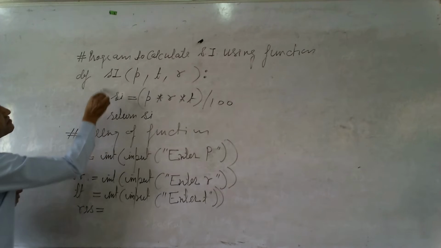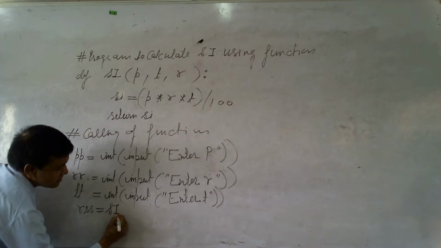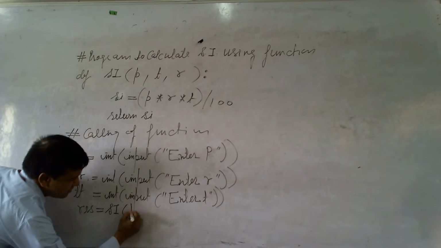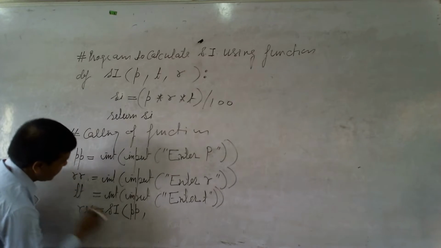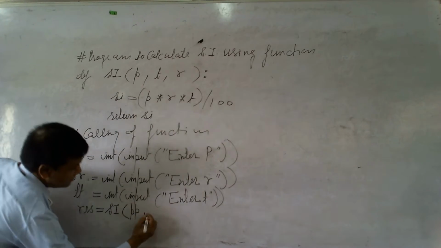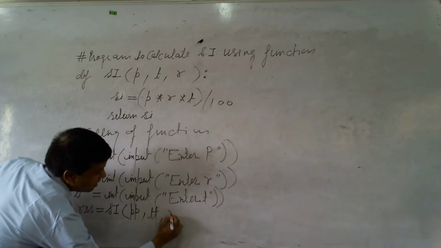The function name is here si. So I have to call this si function and pass here three parameters: p which I have received, another is t, and this is r.